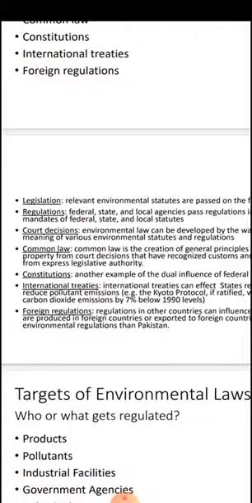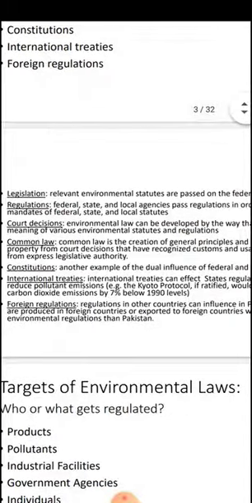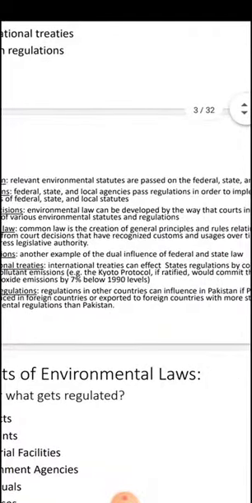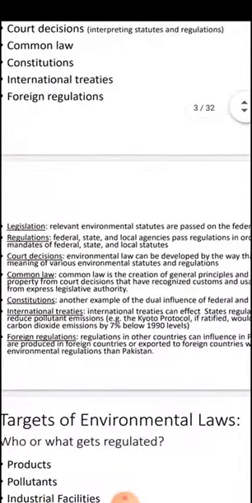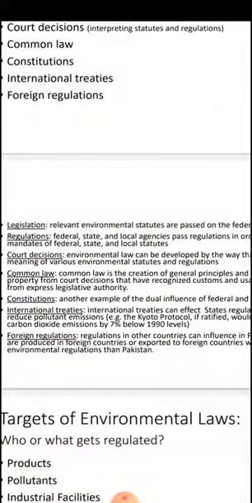So that is actually the main source of producing the laws and rules and regulations. All kind of rules and regulations must come through this organization. So this has the mandate of developing these rules and regulations.